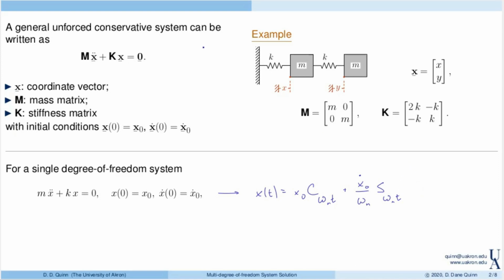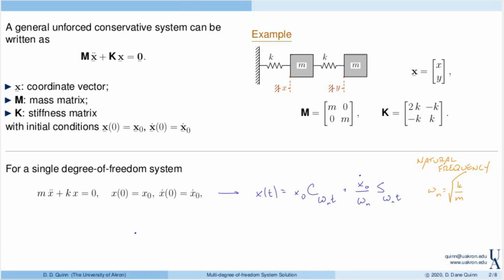And here omega n is the natural frequency, and it's the square root of k over m. So again, this was known as the natural frequency. So this is the general solution for a single degree of freedom system.